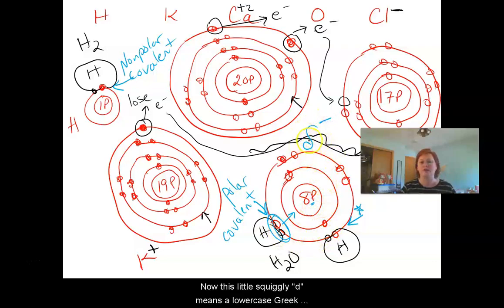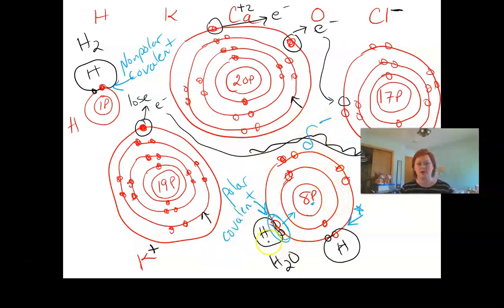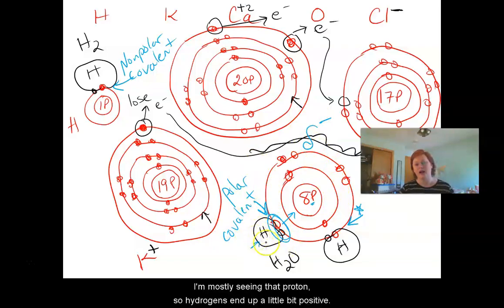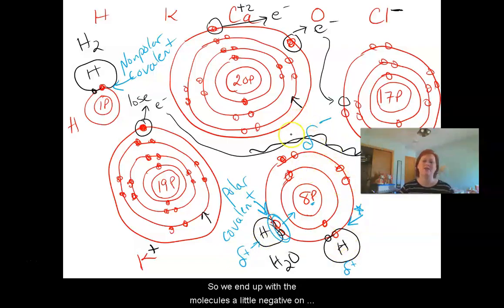Now this little squiggly D means a lowercase Greek letter delta, which means partial. Since my hydrogens don't get to see their electrons very often, when I look at them from this angle here, I'm mostly seeing that proton, so hydrogens end up a little bit positive. So we end up with a molecule that's a little negative on one side and a little positive on the other side.